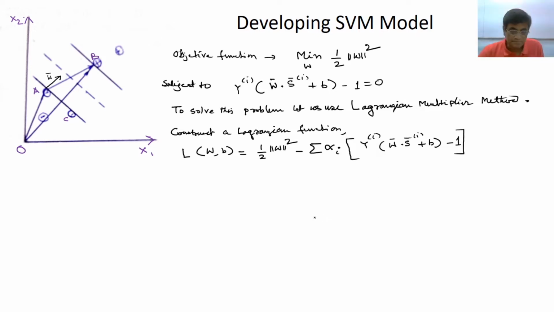So what we have done, this will be the Lagrangian. These alpha i are called Lagrangian multipliers.